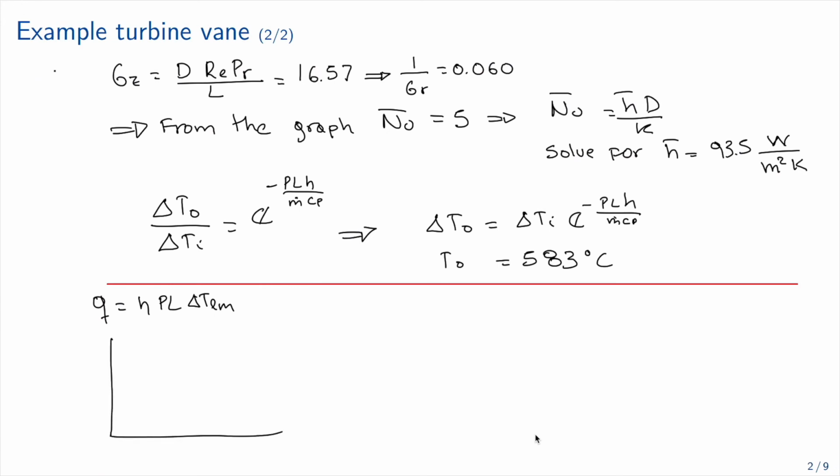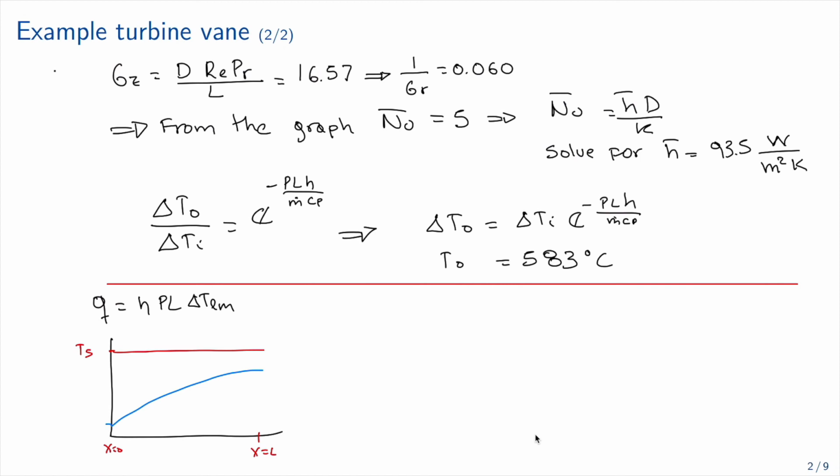So this is x equal to 0, this is x equal to L. So this is the temperature of the surface, which is constant, and the temperature of the air in the vane has this shape.